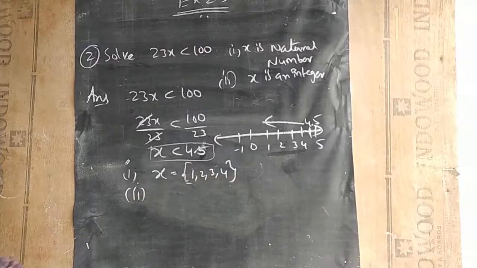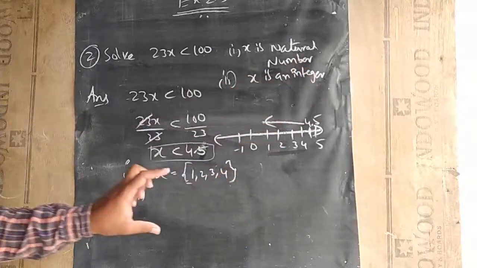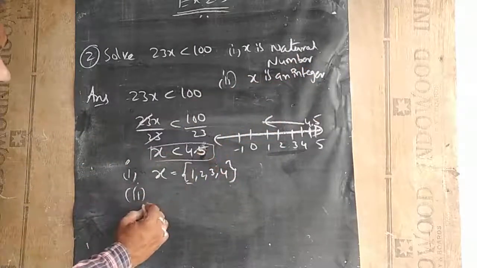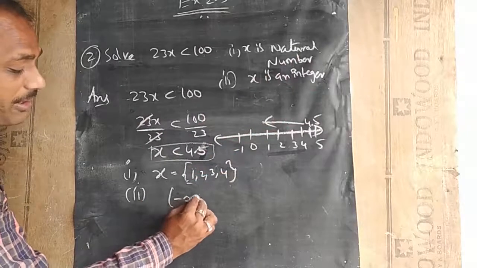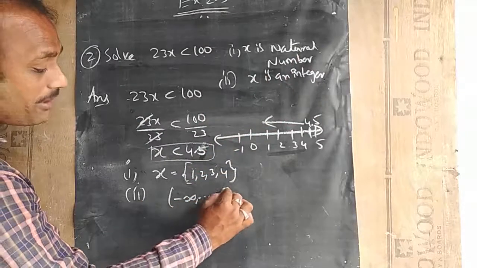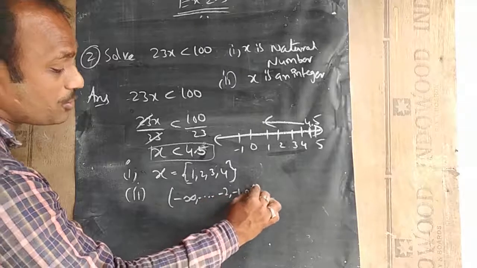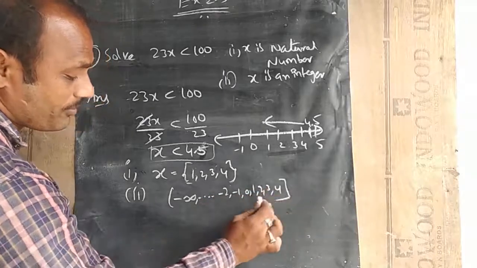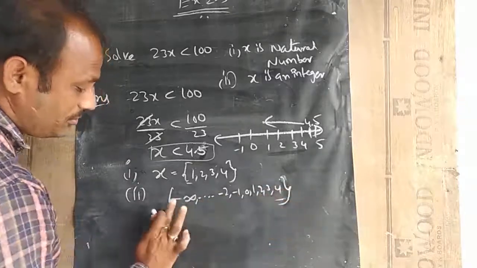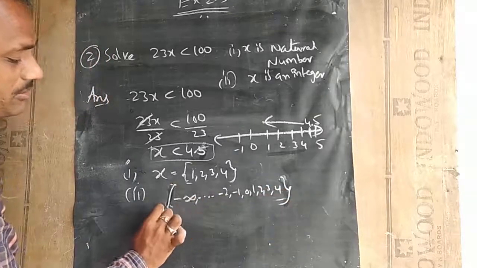Next. What about integer? X is an integer. In the integer case, negative values also will be there. So we can write it as minus infinity, and so on, minus 2, minus 1, 0, 1, 2, 3, and 4. Let us write it in the curly brackets.